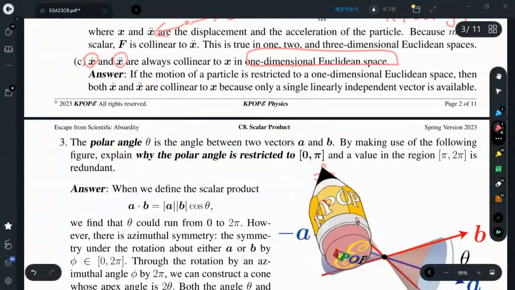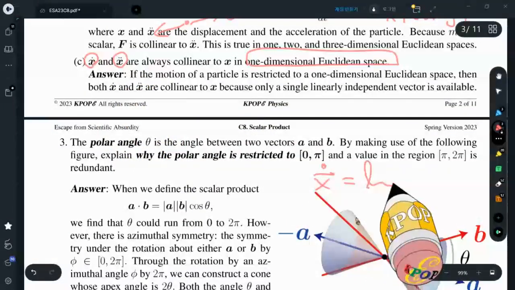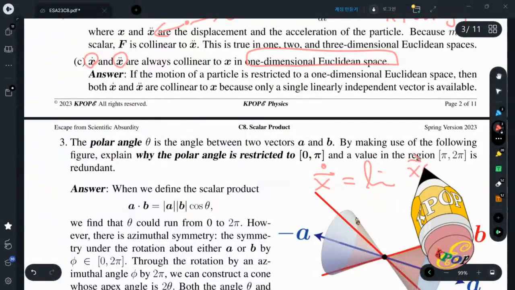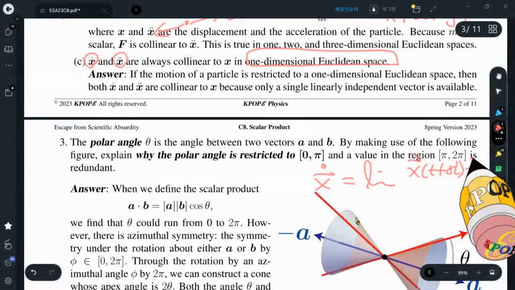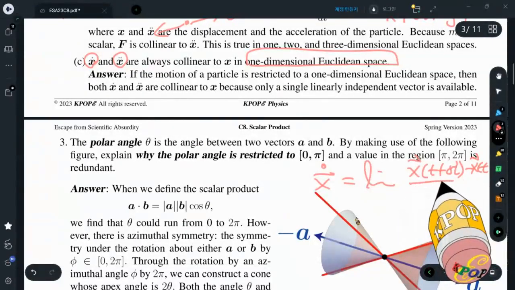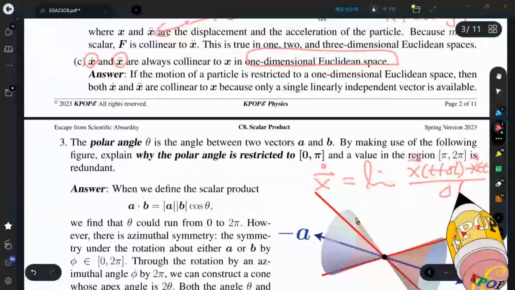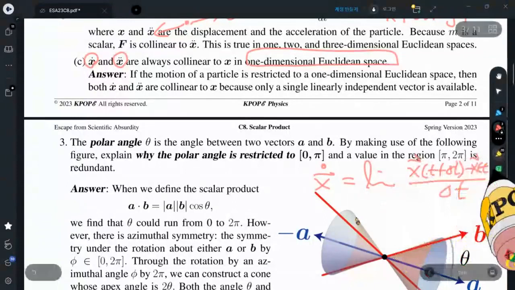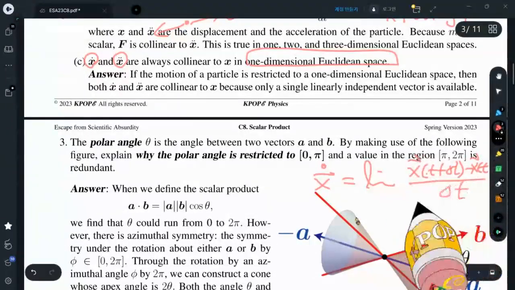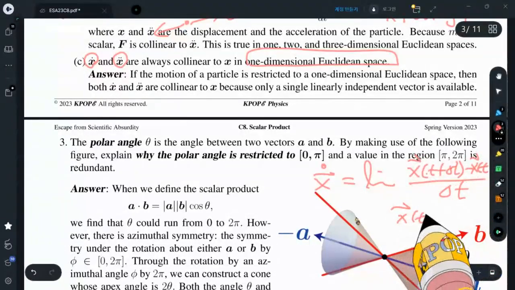Because, for example, velocity is the difference of the position, that is called the displacement, divided by the time difference. In one dimension, this one is linearly dependent upon this.